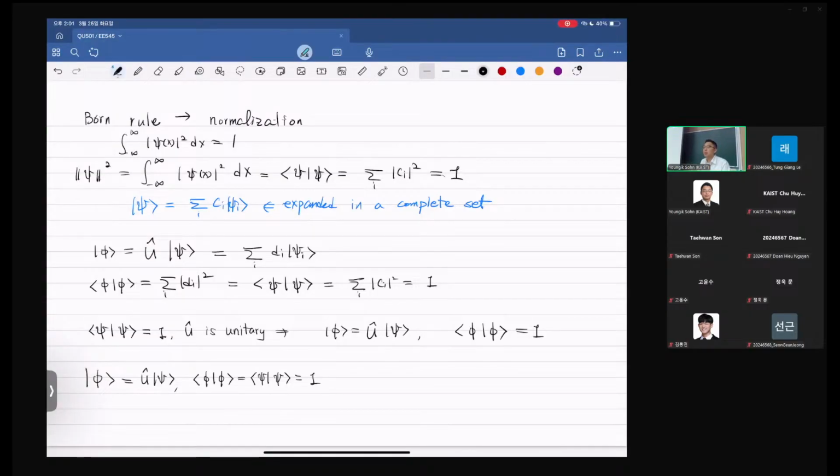But there are two quantum states, both with length one, and the transformation U is there. Then you can prove that U has to be unitary. So it's an if and only if relationship. The bottom line is you just remember that when a quantum state changes to another, you always work with a unitary transformation. There's no exception, all unitary transformation. Otherwise, you're going to break the Born rule.